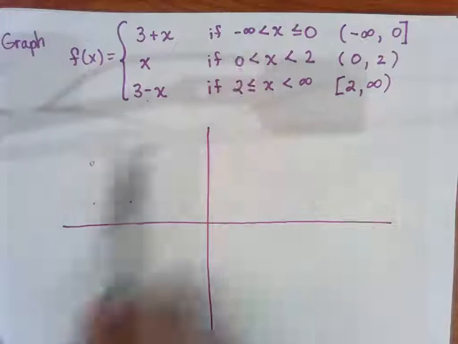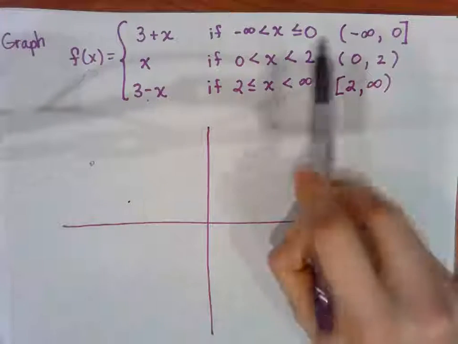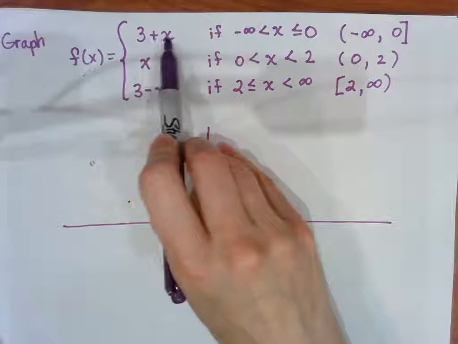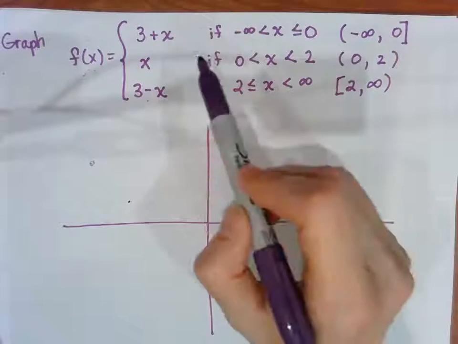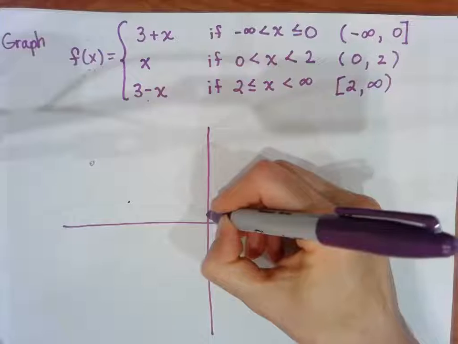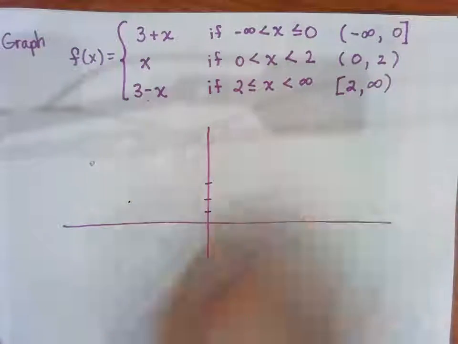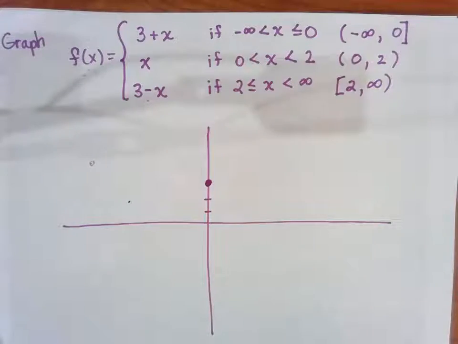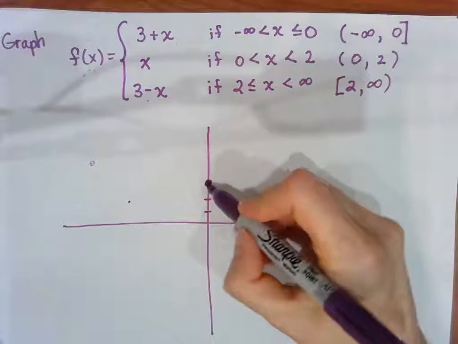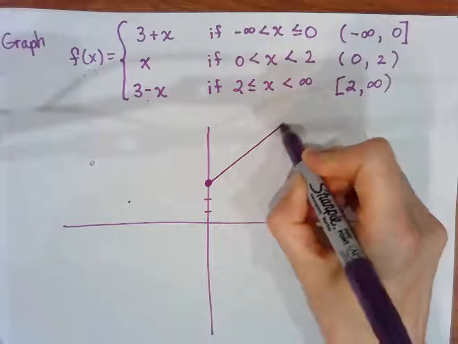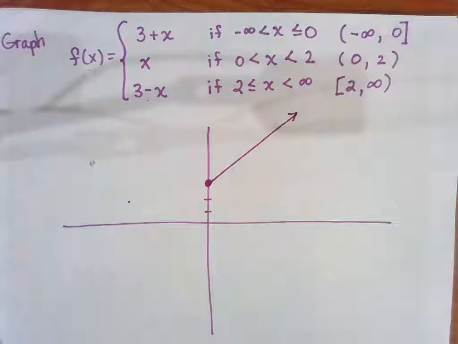Okay, so from -infinity off this way forever, up until we reach 0 right here, we're going to have a line that looks like 3 plus x, or you can think of that as x plus 3. So imagine x plus 3, here's 1, 2, 3, it would cross the y-axis at 3, and then it would have a slope of 1. So it would go this direction like that.